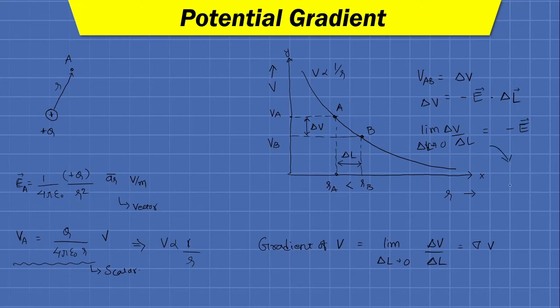So the gradient of V equals negative of E bar, and this is a very important relationship between potential and electric field.